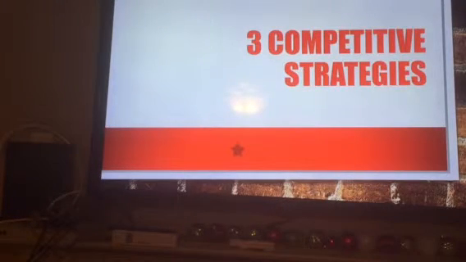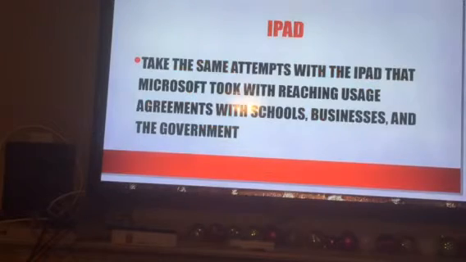Three competitive strategies to increase the finances and the hold that Apple has within the industry. One way is to use the iPad. Take the same attempts with the iPad that Microsoft took with reaching usage agreements with schools, businesses, and the government.